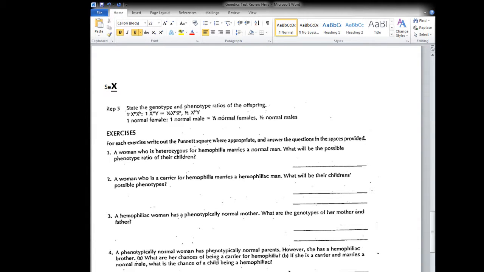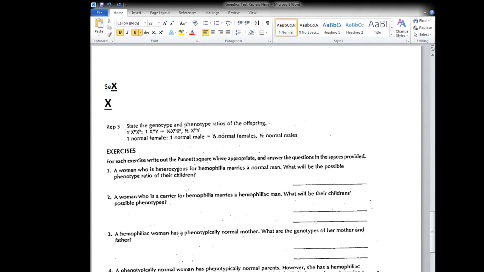First thing you have to think about, it's a woman, so XX, right? Then she's heterozygous for hemophilia. We're going to use big H. Big H equals no hemophilia. Little h equals hemophilia because hemophilia is recessive.